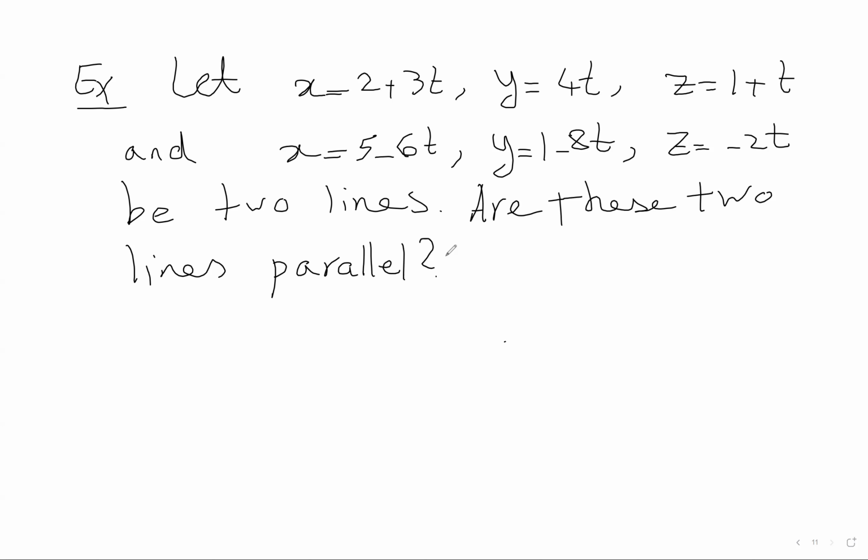So for the first line, the vector that gives us the direction, let me call it V1, consists of the coefficients of t: 3, 4, and 1.